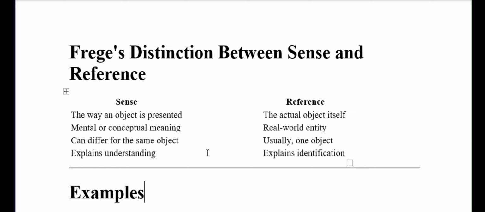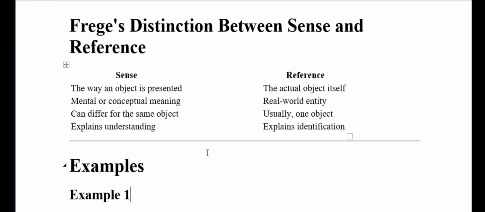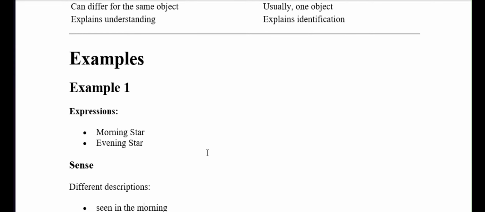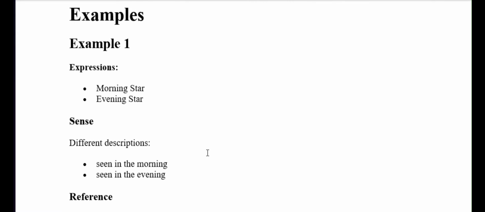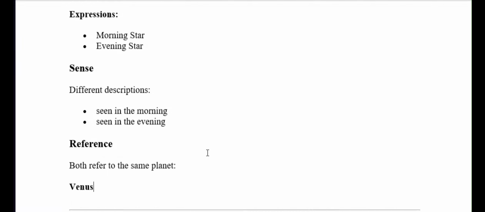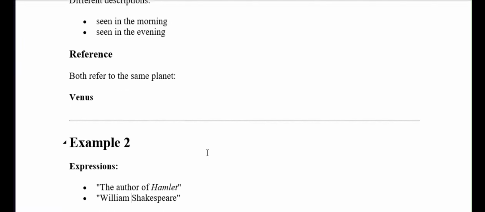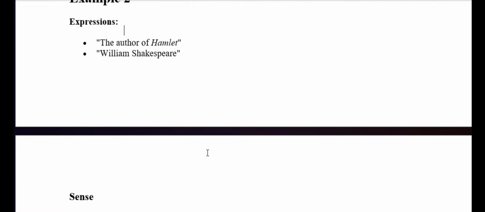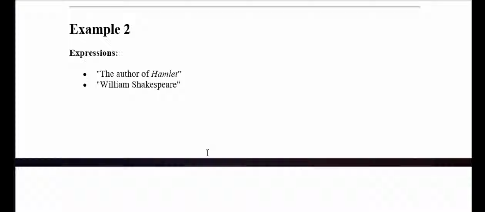Sense: different descriptions, morning star because seen in the morning, and evening star because seen in the evening. References: both refer to the same planet Venus. You can see it in example 2, the author of Hamlet. Who is the author of Hamlet? William Shakespeare. Okay, the author of Hamlet and William Shakespeare both have the same reference, but they have different senses.